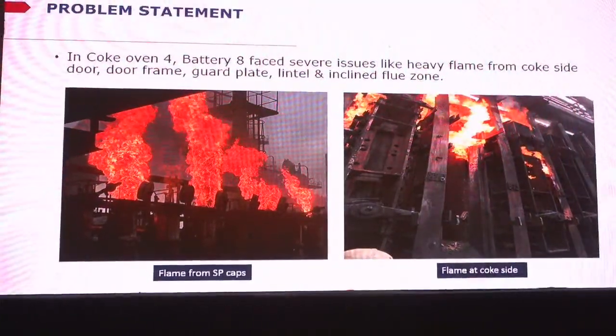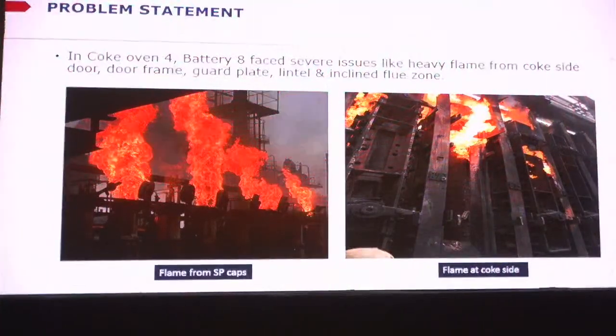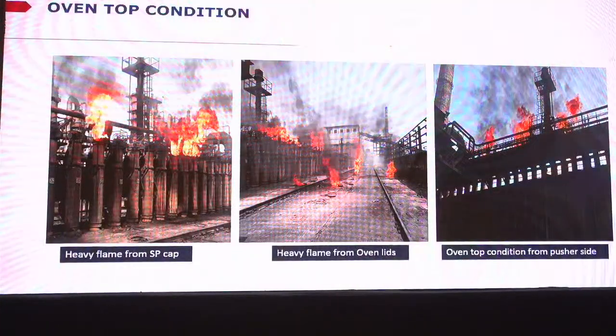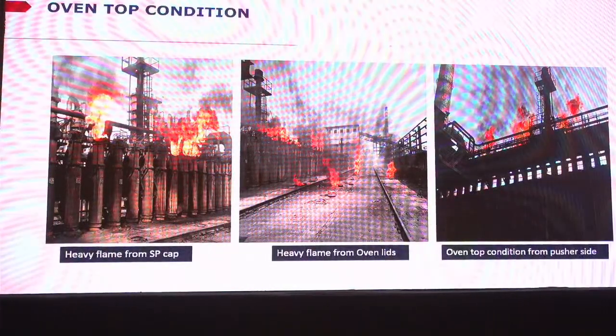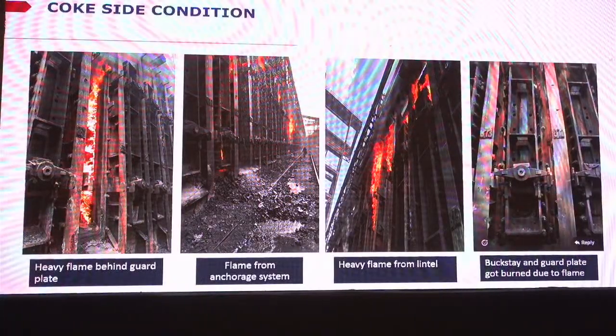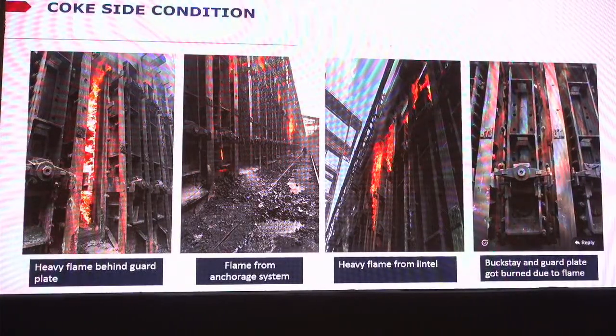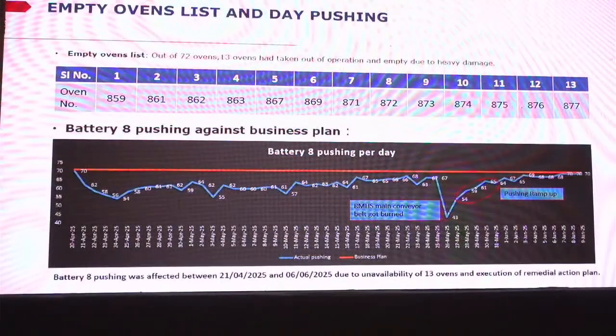So our problem statement is that the battery faces several issues like flame from the SP cap, flame from the Coke side, heavy flame from the SP cap, heavy flame from oven lids, oven top condition from the process side, heavy flame behind the guard plate and flame from the anchor system, heavy flame from the lintel. Bucket stay and guard plate got burned due to heavy flame.